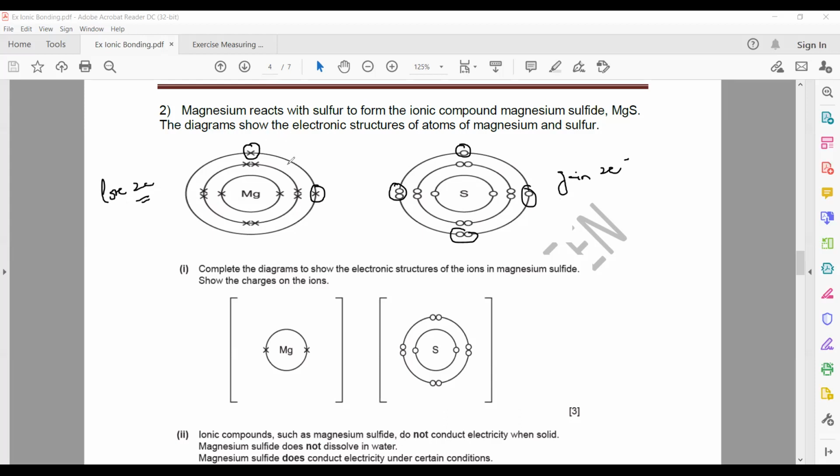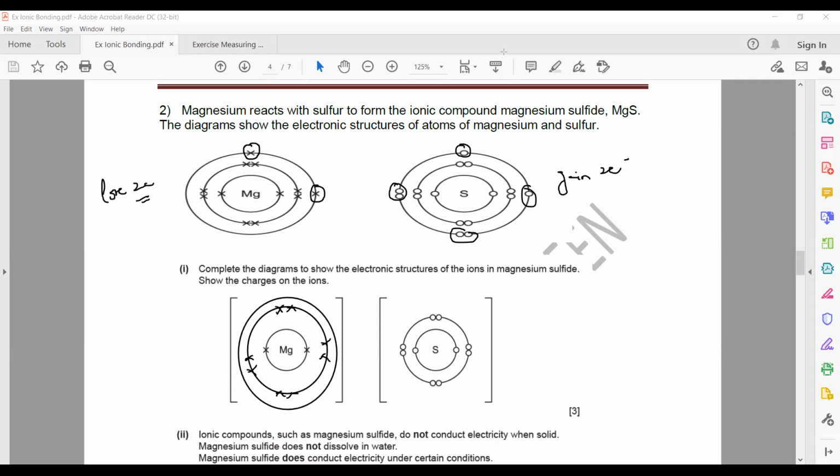As magnesium is a metal, it will lose all of its last shell electrons. When it loses its last shell electrons, what are we left with? We are left with only inner shell electrons, because the last shell is completely lost, or the last shell will be empty now. Even in the exam you can draw the last shell empty, that is the right way. Or some students do not draw the empty last shell, that is also right.